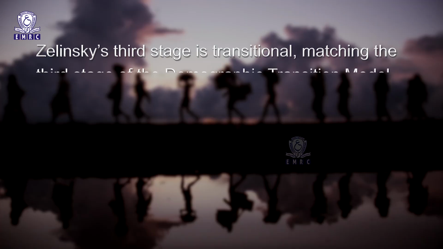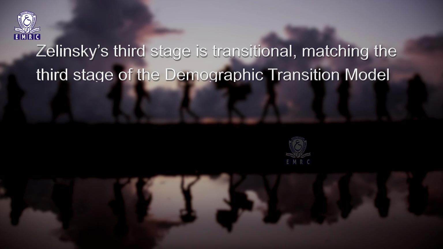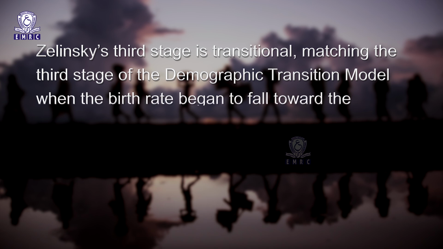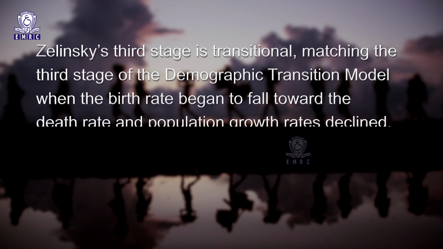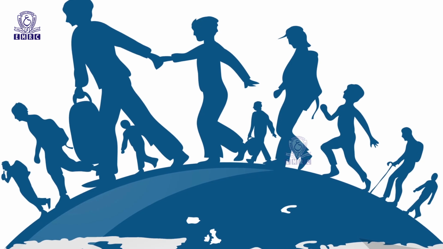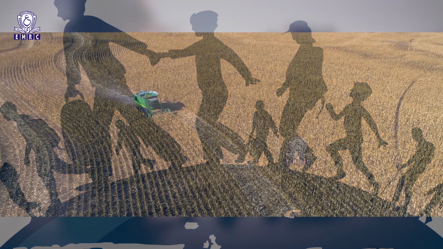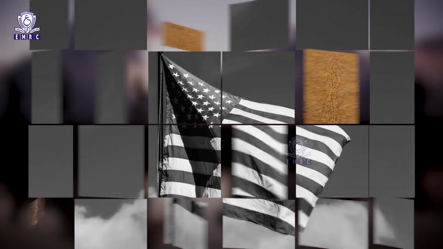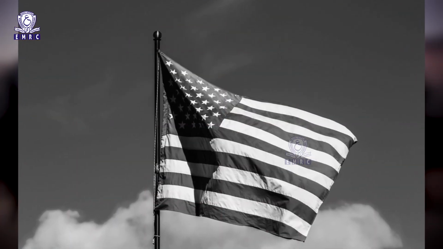Zelinsky's third stage is transitional, matching the third stage of the demographic transition model, when the birth rate began to fall toward the death rate and the population growth rates declined. International migration lessened and agricultural frontiers closed, as in the United States by 1930.